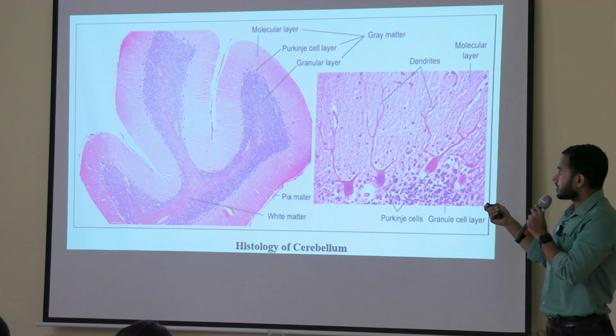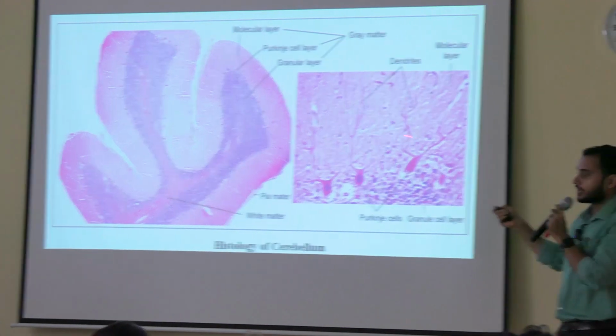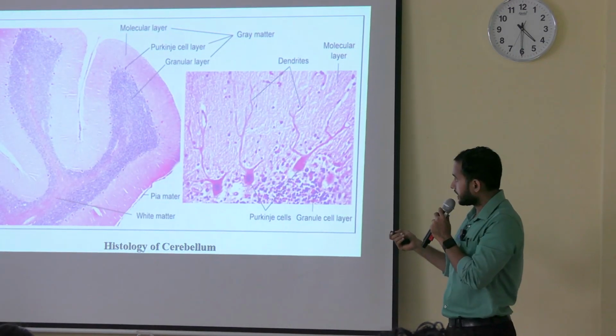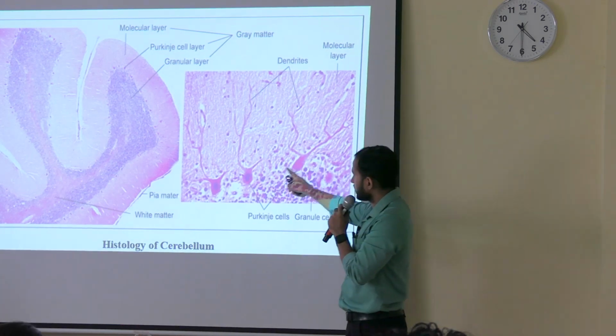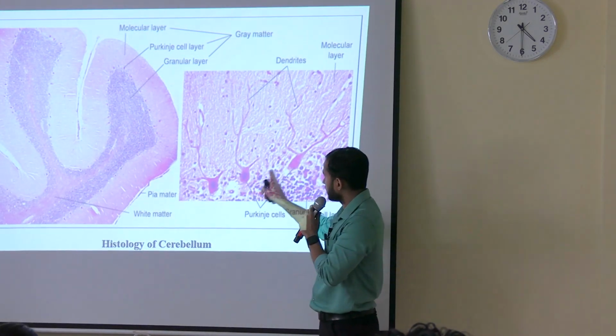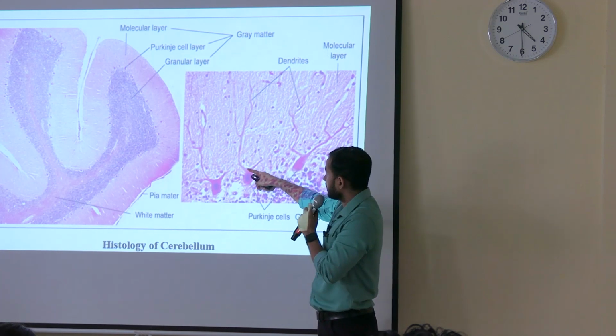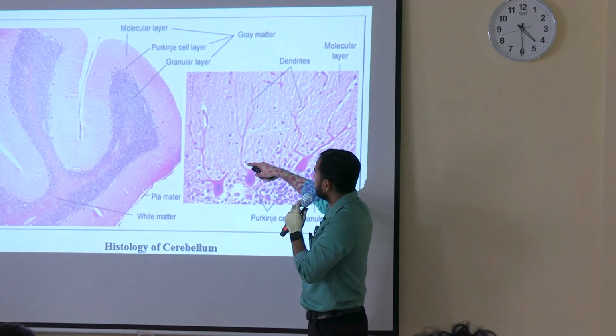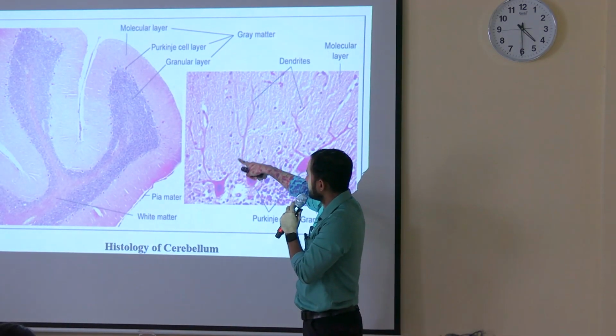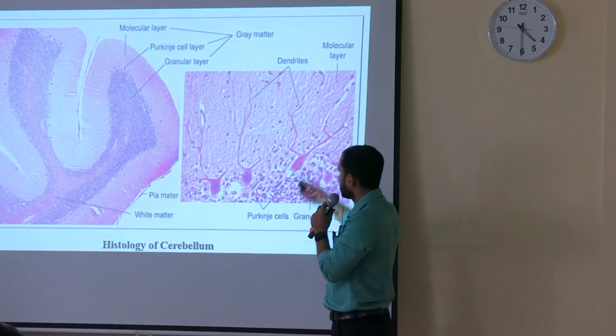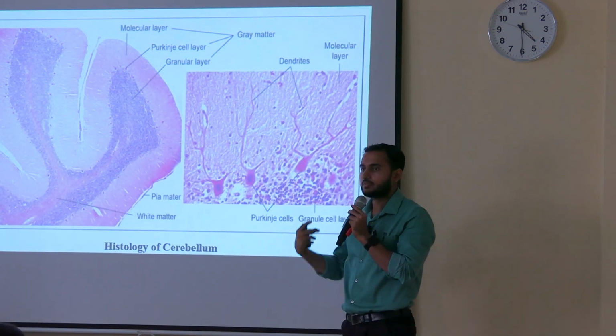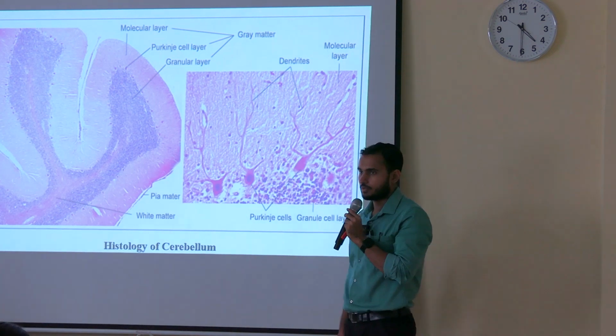Okay, next if you concentrate over here, this is the high magnification image. Okay, so what is seen in this? First of all, here you can see these are the Purkinje cells. Look, these are the Purkinje cells. Okay, the Purkinje cells, from here, if it is going towards the molecular layer, then these are the dendrites. Look, these are the dendrites which are forming the dendritic tree in the molecular layer.